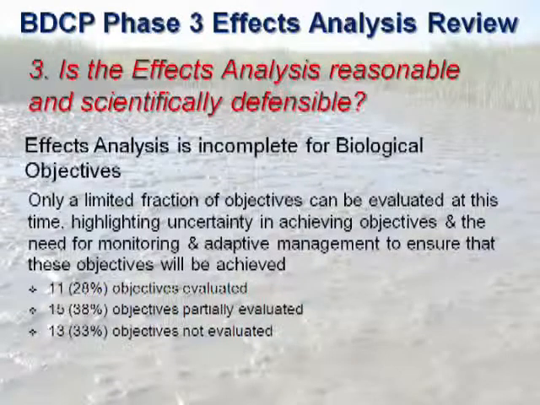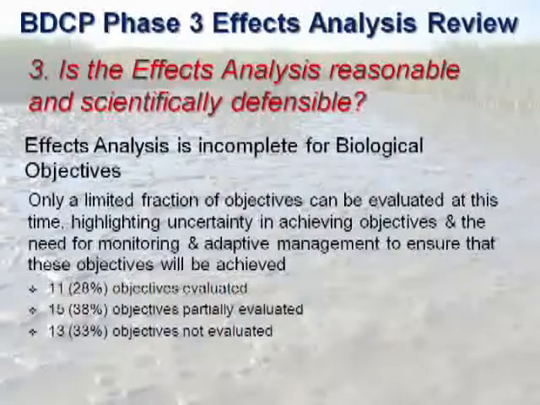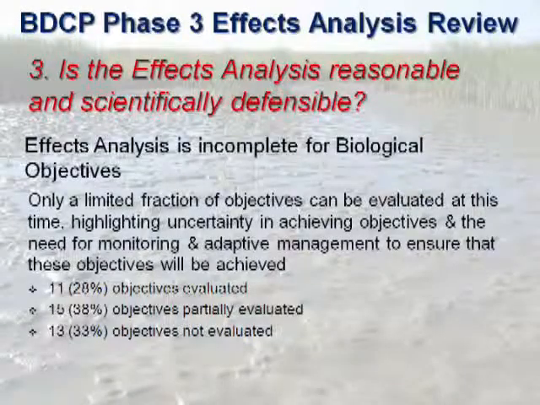Yeah, this is just from a table from the beginning of Chapter 5, and I think we actually requested this last time, so it's nice that you put it in there. It's just showing that for covered fish species anyways, only 11 or 28% of the biological objectives could be evaluated, in your opinion, and 38% of them were partially evaluated, but 33% were not evaluated at all, which is unfortunate because the biological objectives are where the project wants to go.